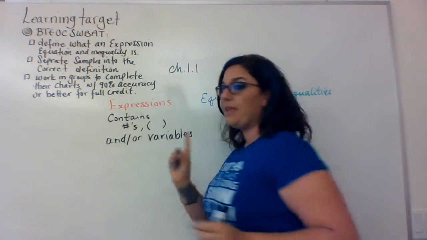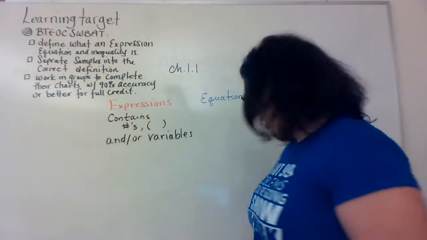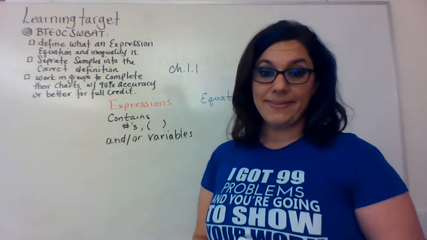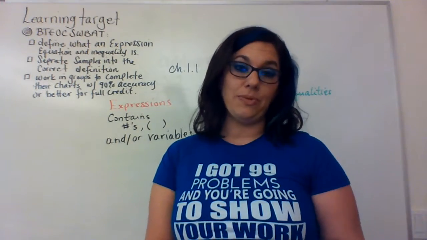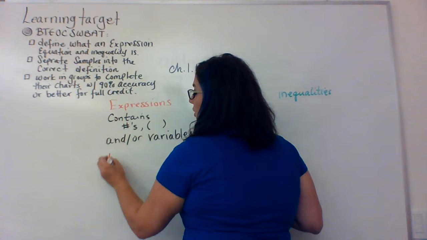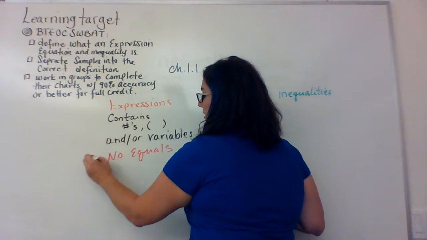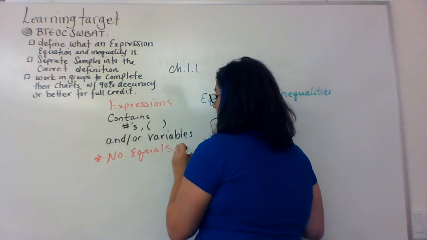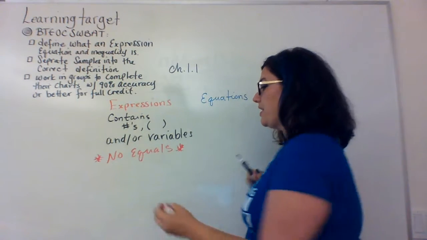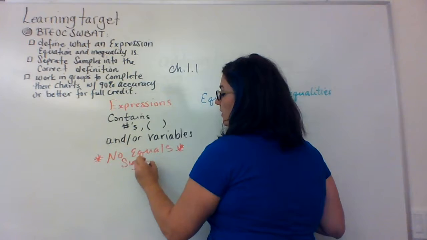But the most important thing that you need to know about an expression is that it does not contain equal signs. Okay, so there are no equal signs. That's like the most important thing that you're going to need to know about an expression. No equal signs whatsoever.